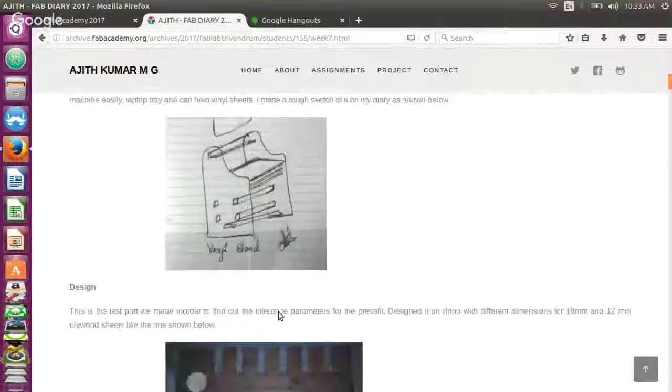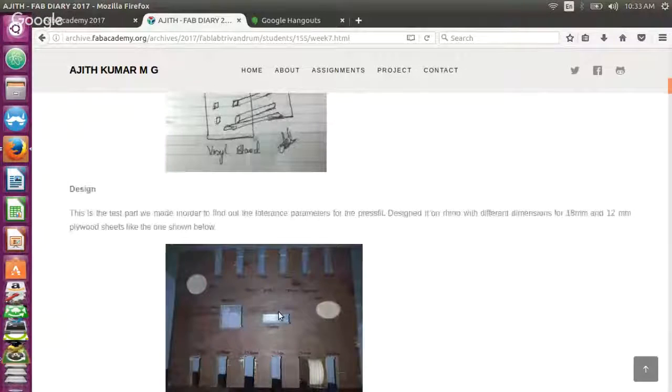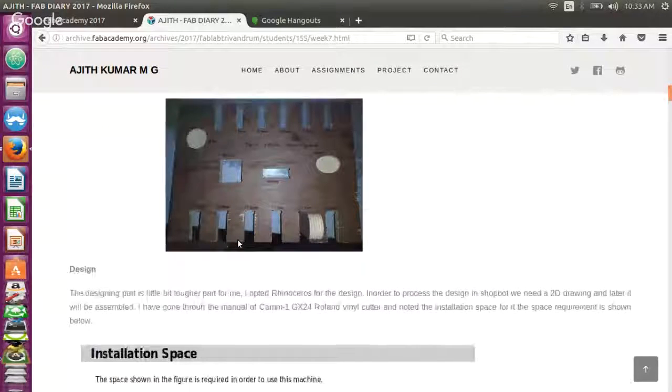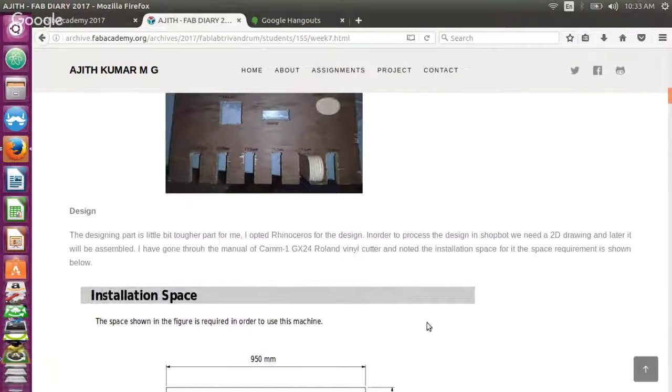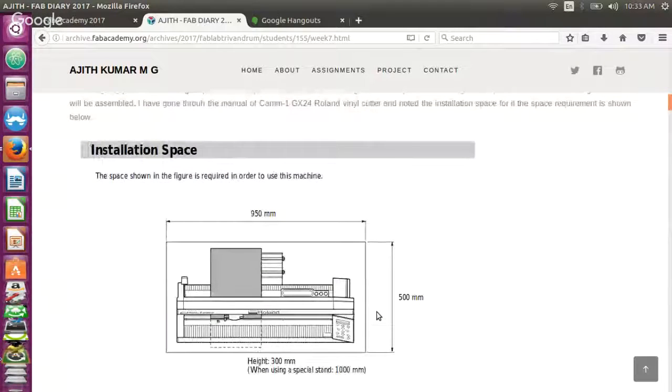Later, I added a tray for the laptop. The machine is about 90 centimeters in height, so it's difficult to operate from other tables, maybe a local table height of 45 centimeters.